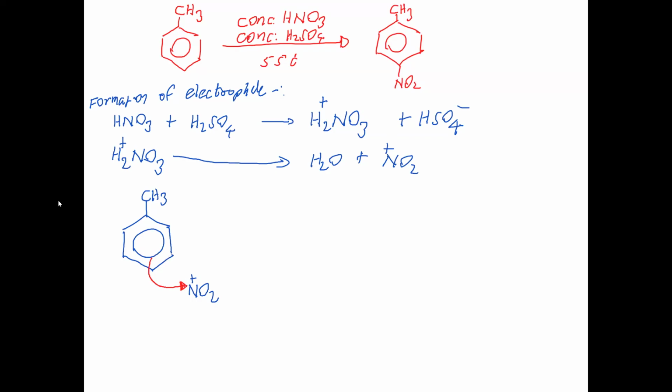When they form the bond, we will get our intermediate. What happens in the intermediate? Now this NO2 group is attached to this carbon atom, and the hydrogen atom attached to the carbon is also there. Now the benzene ring pi electron cloud is broken because they used electrons to form a bond with the nitrogen atom. Then it has a positiveness. So this positive charge goes around the benzene ring.